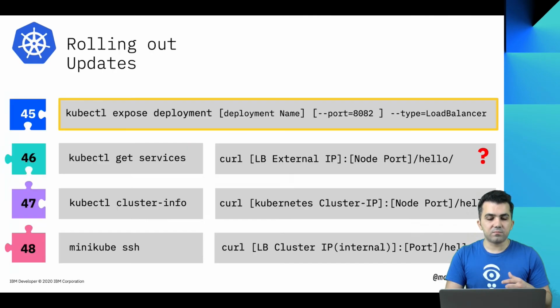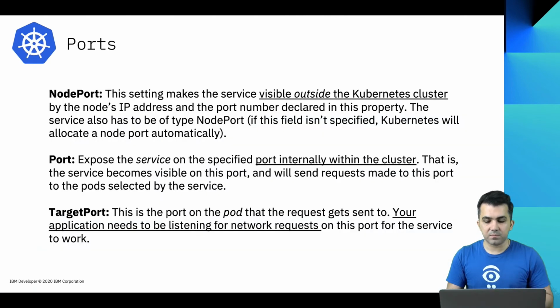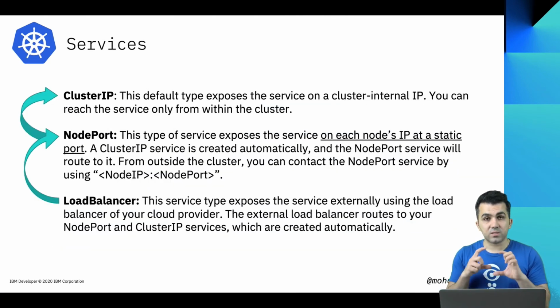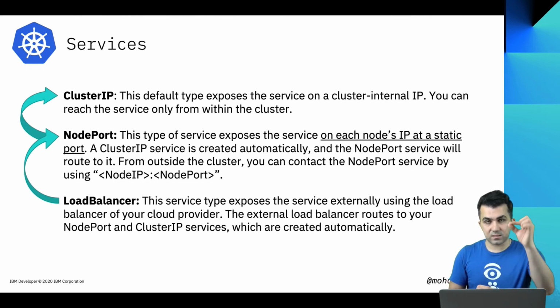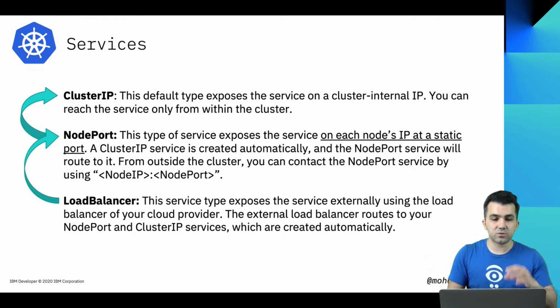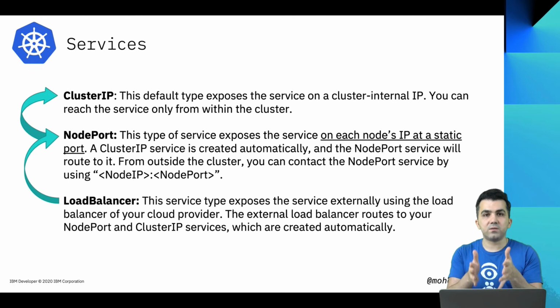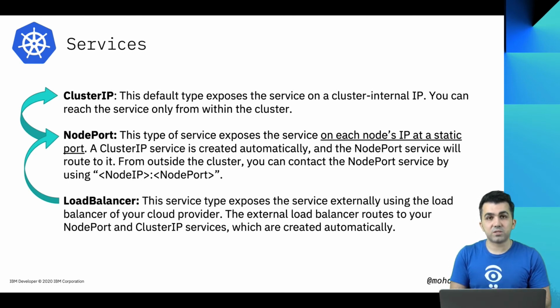Going back to our definition, that's the node port. The cluster IP service is created automatically, and the node port service will route to that. So you use the node IP and then the node port to route to it, exactly the way we just managed to ping our application.